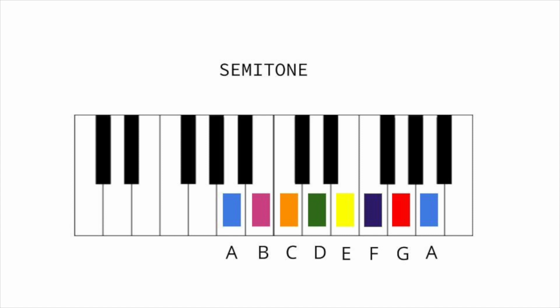Semitones are made up of notes that are the closest neighbours. So here within our A to A spectrum of colours, there are 2 pairs of semitones. This one first, which is B to C. I'll play that again.